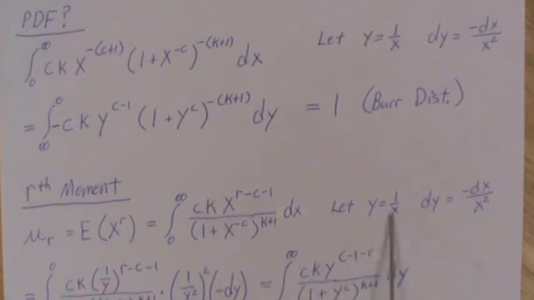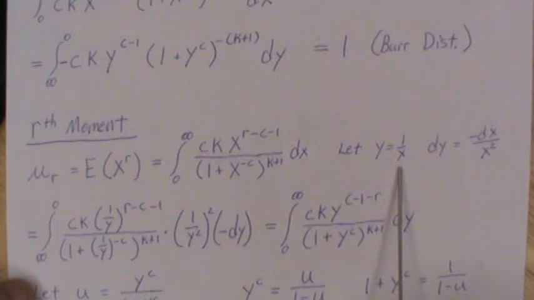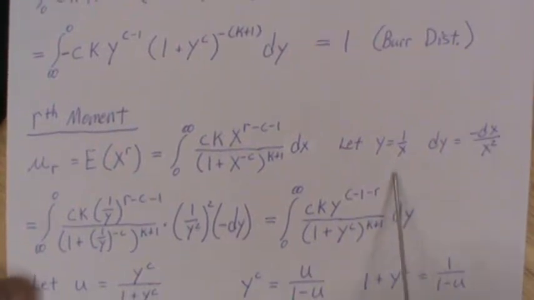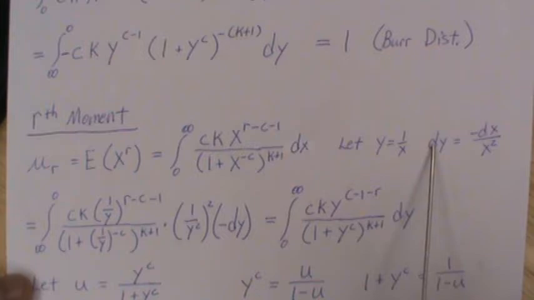So let's let y equal 1 over x, and then dy is minus dx over x squared. So then this transforms to this. So ck, so that's 1 over y. This is 1 over y right there. We have an extra, if you multiply this up, anyway, so that's the differential right here.